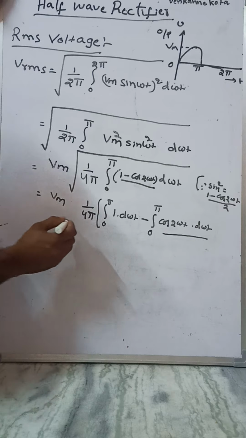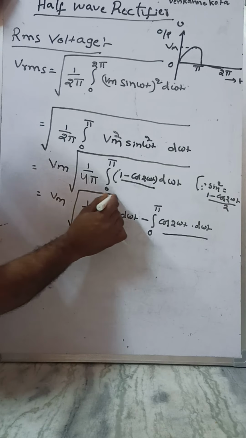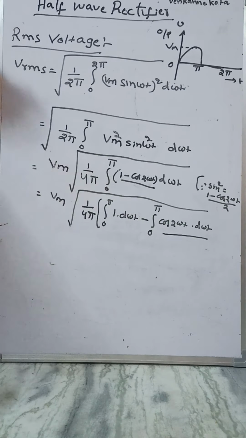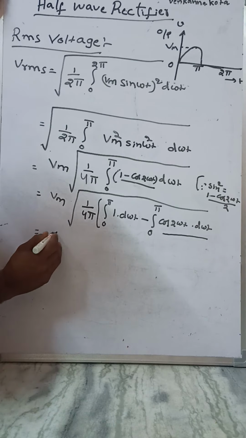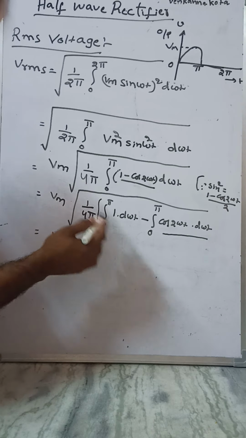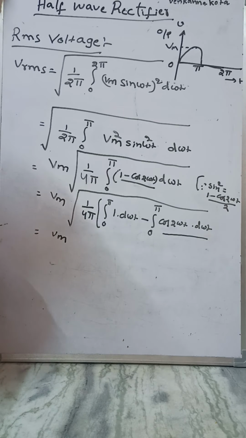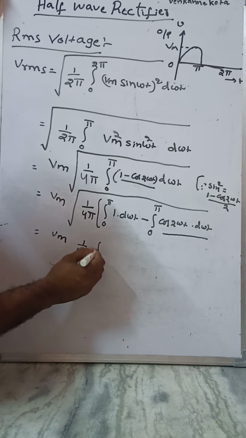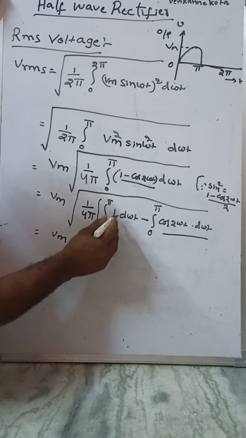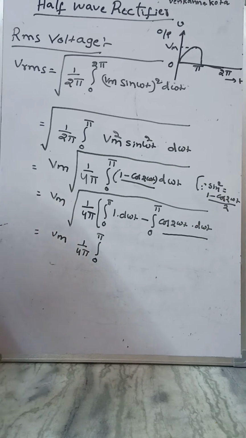So that's why, in the total integration and total root, the above equation becomes Vm times square root of 1 by 4 pi integration 0 to pi d omega t, that means 1.